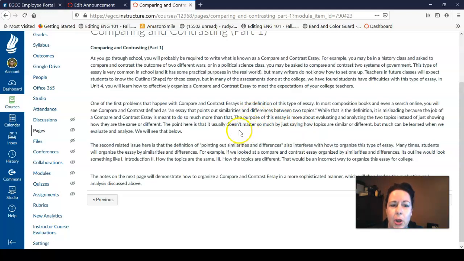You don't want to get to the end of your essay and just say, choose whatever your favorite is. You want to be able to have that evaluation. The reason you might be doing compare and contrast is you're trying to make a decision, figuring out which option is better. I want you to think of that as you're writing these essays.